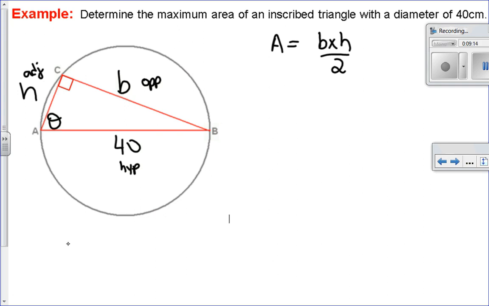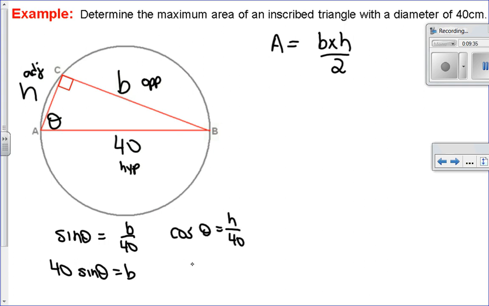Looking at sine, sine of theta is opposite over hypotenuse. Times both sides by 40, and I get 40 sine theta equals b. Then looking at cosine, cosine of theta is adjacent over hypotenuse. Times both sides by 40, and I get that height is equal to 40 cos theta.